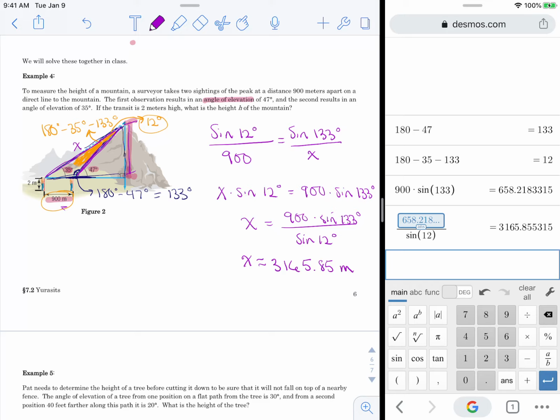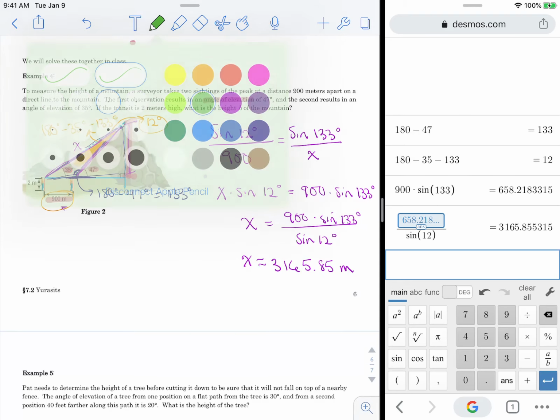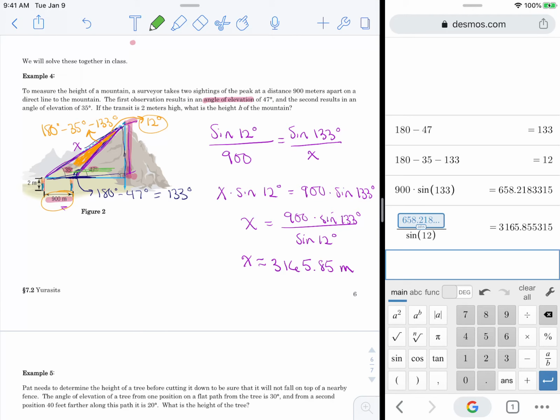So what I want to try now is, it's going to get a little messy, but now I'm looking in this entire right triangle. So I have this angle of 35 degrees, I have this value, and I'm looking for this unknown.